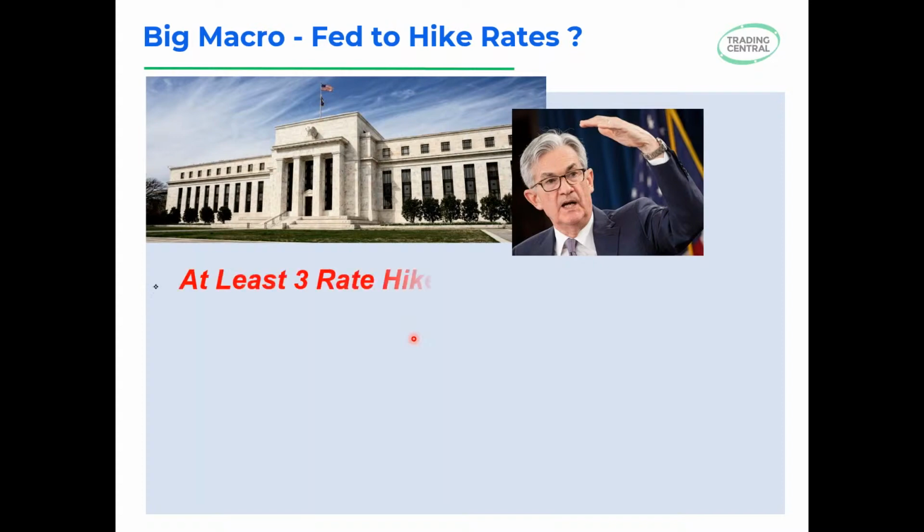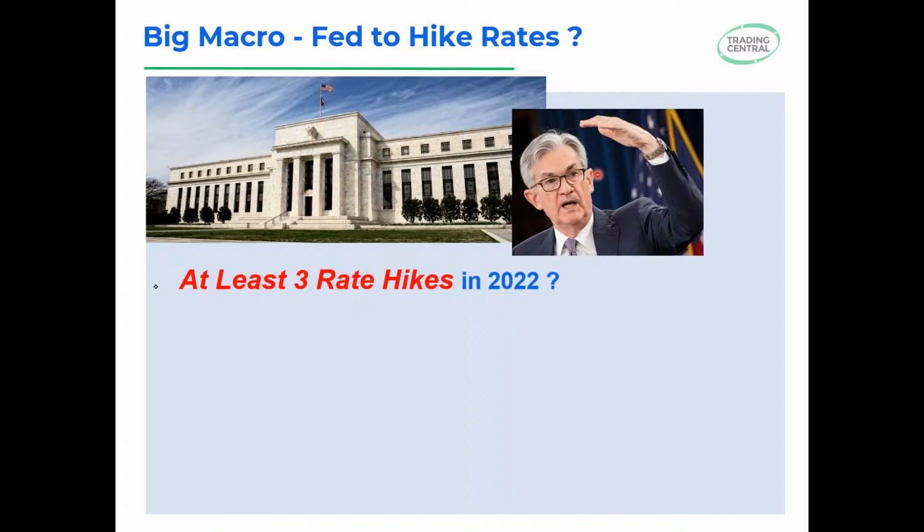Okay. Now, they have turned. Before, chairman Jerome Powell kept saying that the inflation was just transitory, okay? It will fade away. But for the past few weeks, his tone changed. And now the central bank becomes very hawkish.